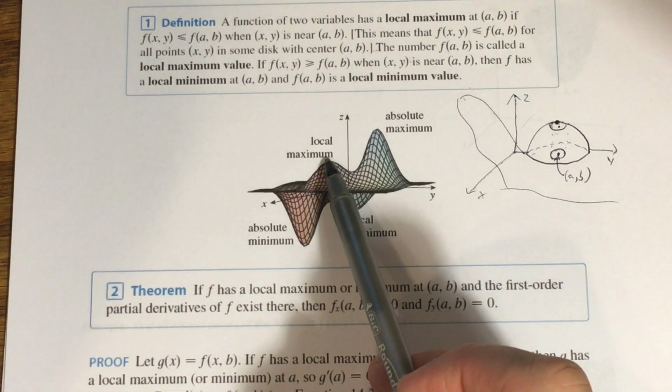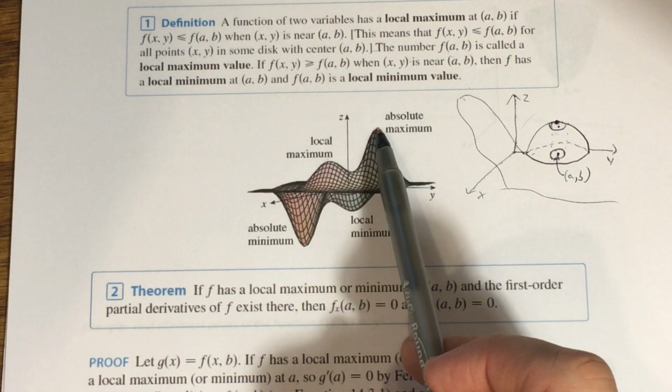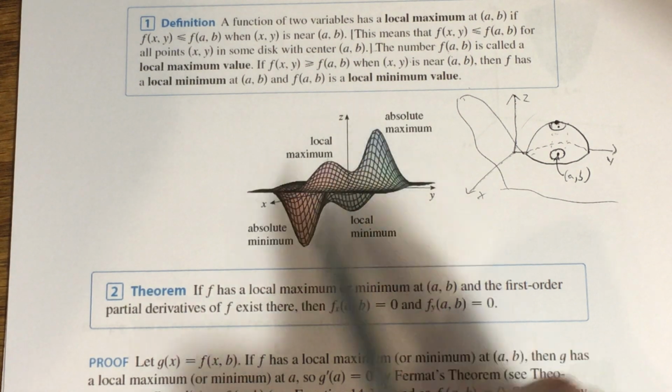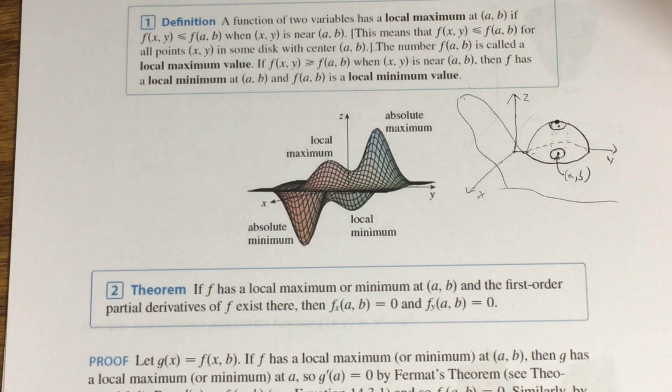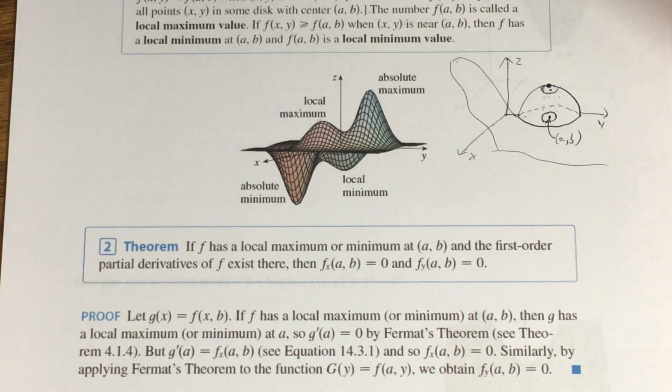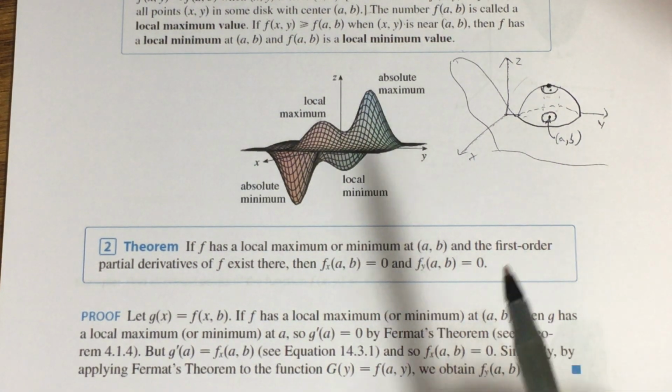However, that point is not the highest point in the entire part of the surface that we see because we have a taller mountaintop over here where the point reaches an absolute maximum. We have similar concepts for local minimum and absolute minimum values as well. This should look very similar to what we encounter in Calculus 1, except instead of looking at a curve, we're looking at a surface.